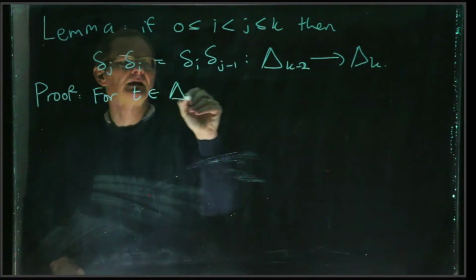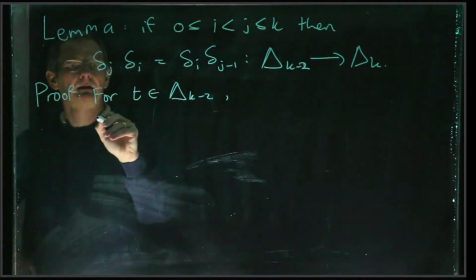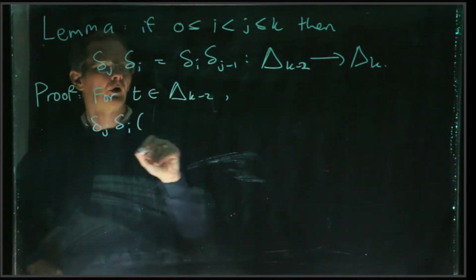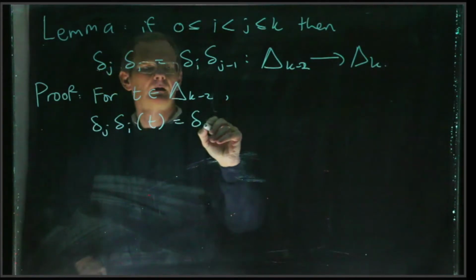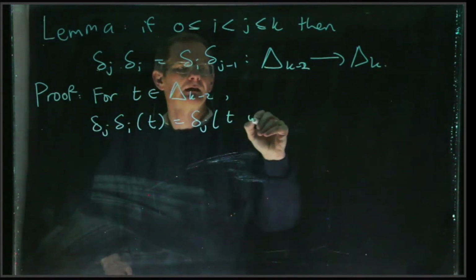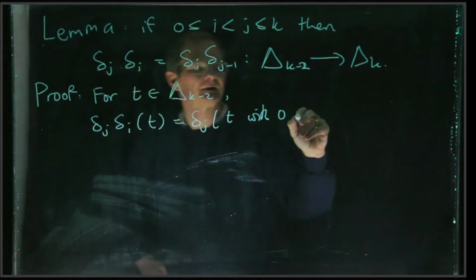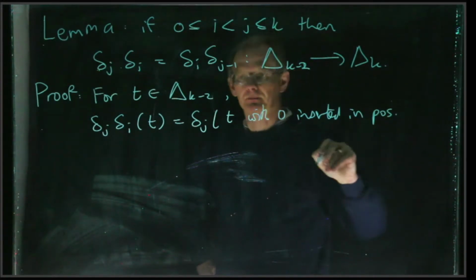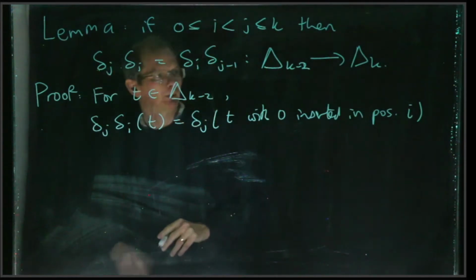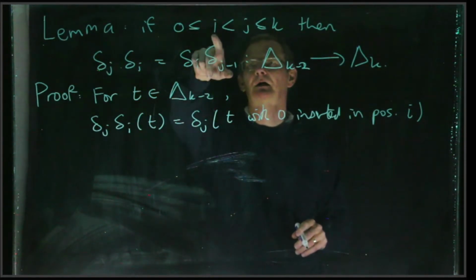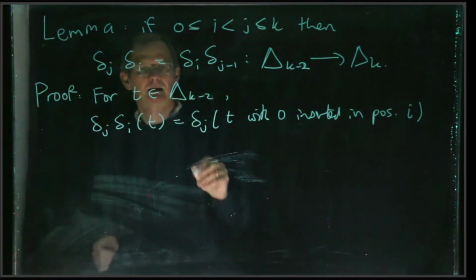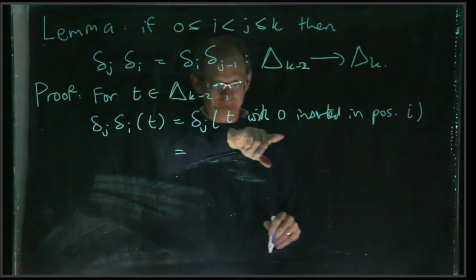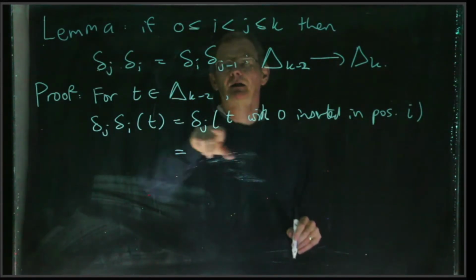So we've got some t in delta k minus 2, then delta j of delta I of t is delta j of t with 0 inserted in position I. So we've inserted a 0 in position I, and I was less than j, so it was to the left of the j.